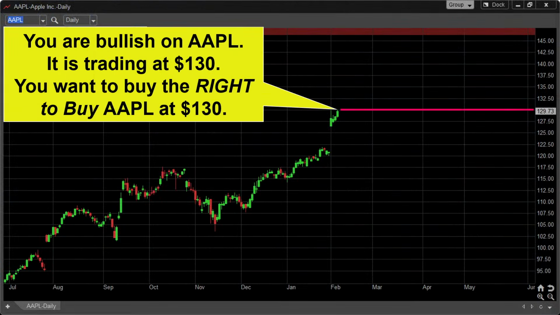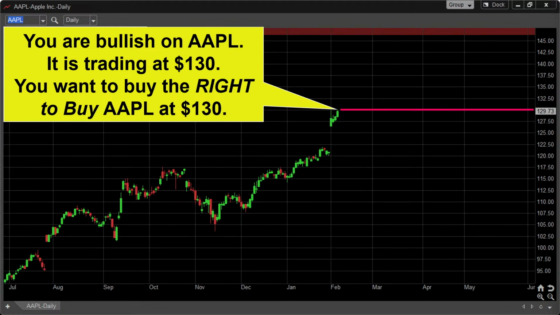Let's look at it now from the perspective of somebody doing an options trade. Here's Apple again. You are once again bullish on Apple. You think Apple's going to go up, but instead of buying 100 shares of Apple, you buy the right to buy Apple. If you remember back from our 2x2 grid, when you're buying the right to buy, that means you're buying a call, right?